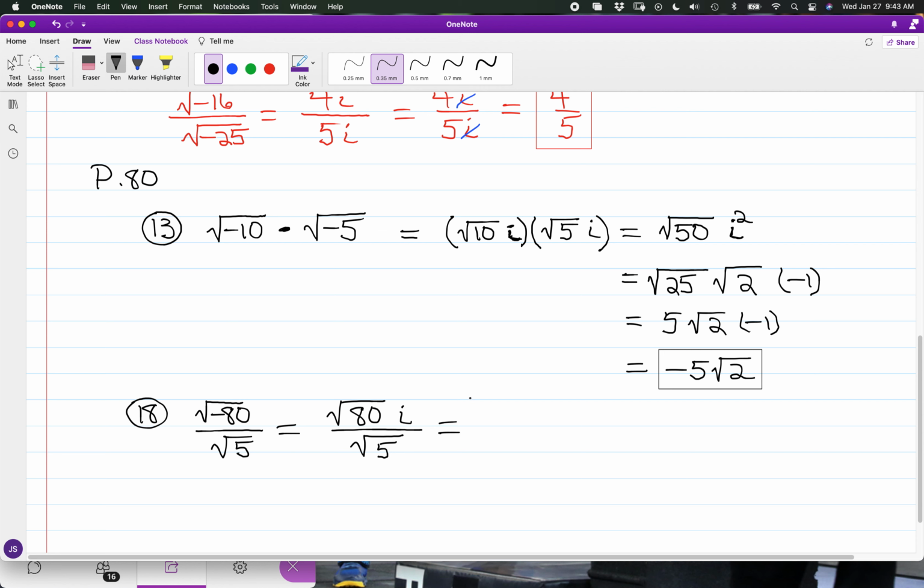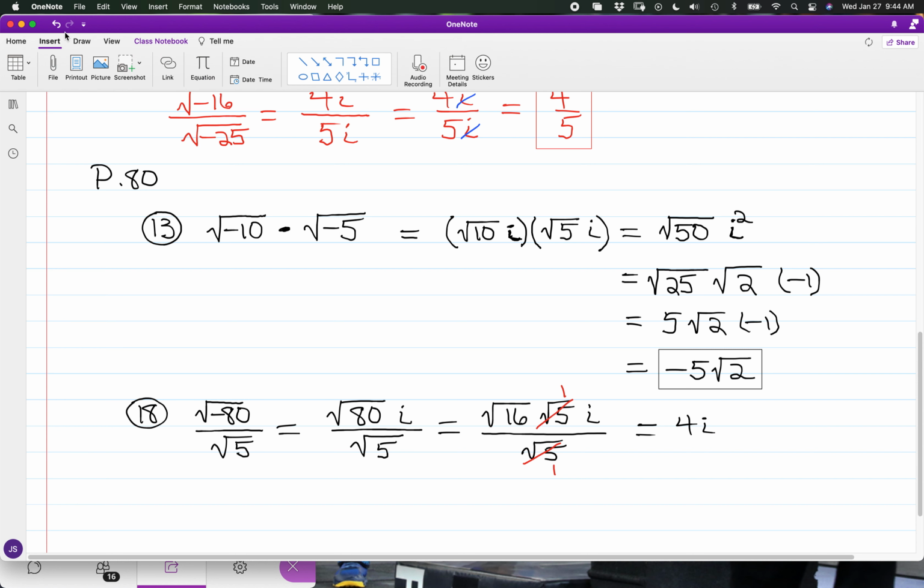The square root of 80 we can reduce: the square root of 16 times the square root of 5, and we have i. Now the square root of 5 has no negative inside, so there is no letter i to pull out. If you notice between the numerator and denominator, we had the square root of 5 shared, and we are down to the square root of 16 times i, and the square root of 16 is 4. So for this ratio, it goes to 4i.